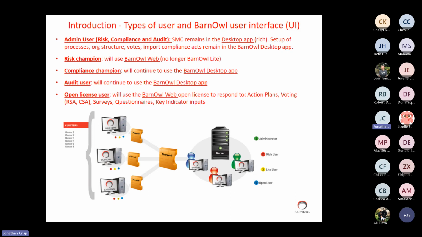So the risk champions, we would advise to move and use BarnOwl Web. If you've got a rich license or desktop license, you automatically have a BarnOwl Web license. And our traditional light licenses are now going to be called BarnOwl Web licenses.